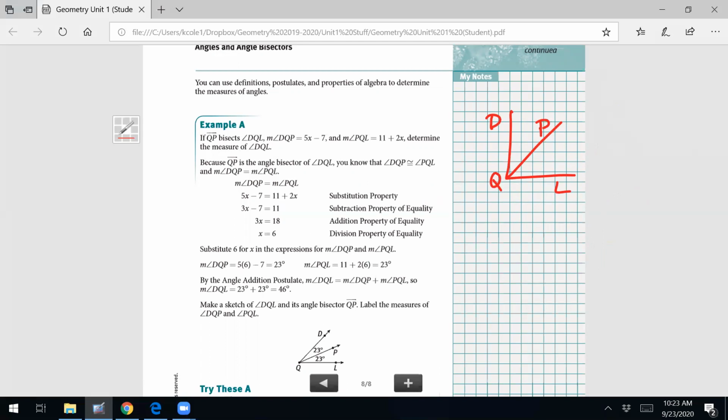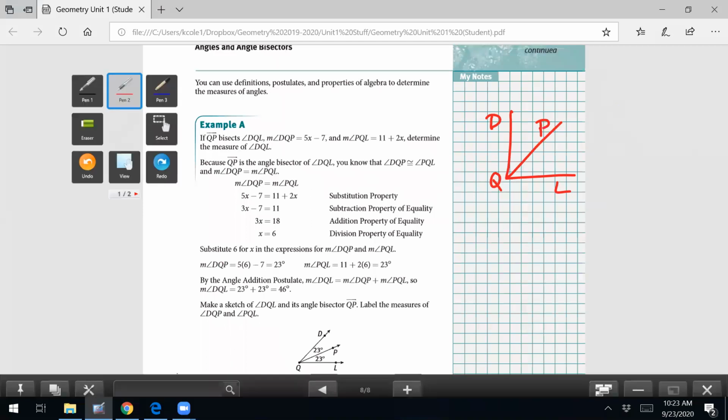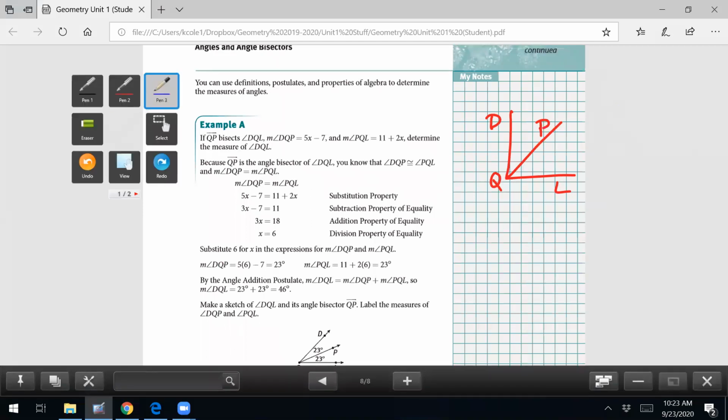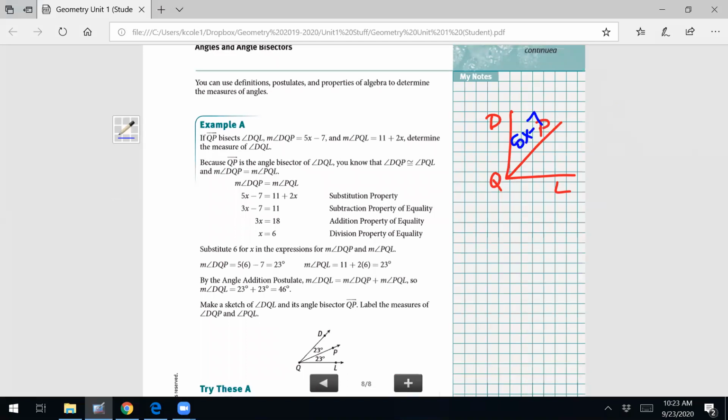All right. So then we know that DQP is 5x minus 7. And we know that PQL is 11 plus 2x. Now, what can we do with those bits of information? You could add them together if we knew the whole thing, but we don't know the whole thing. They equal each other because this is a bisector. So you set them equal to each other, solve it out, that gives you 6.